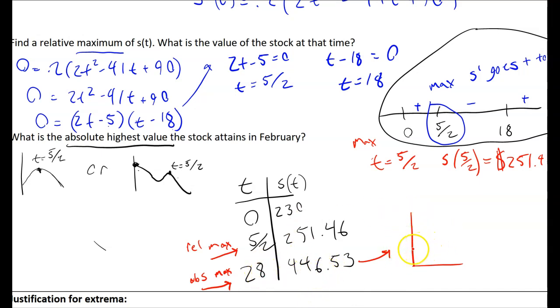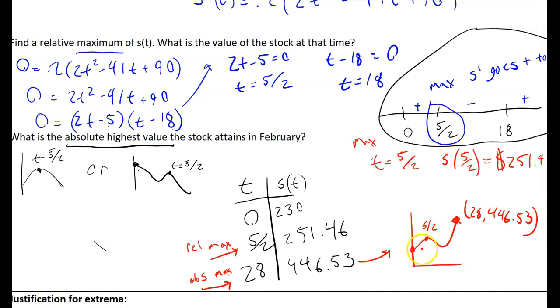So what that means is we started on day 0, came back up to a maximum, and at some point we hit a minimum and continue to decrease, and here's the point (28, 446.53). And here's, of course, our 5 halves.